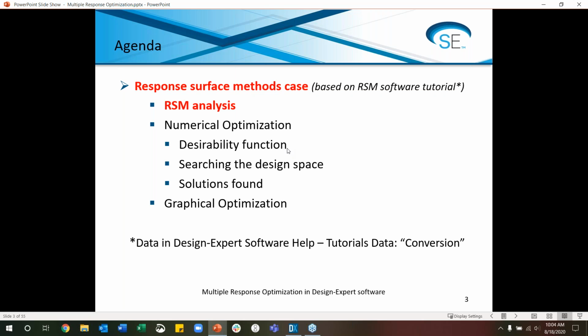And the concept of searching the design space, which is something that we don't teach in our classes very much, but I've dug out some great graphics on how the design space search is done, and that answers the question of why you get so many solutions. If we have time, we will wrap this up with a brief glance at graphical optimization.